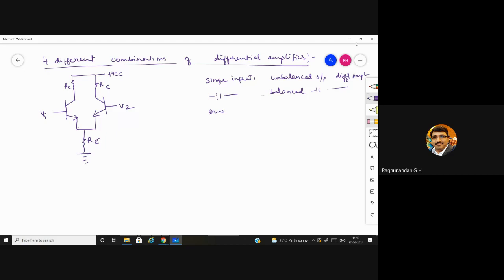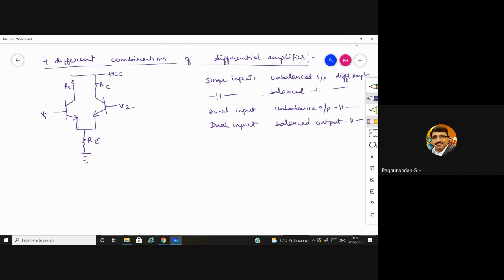Next is dual input, unbalanced output, differential amplifier. Again, dual input, balanced output, differential amplifier. These are the four types of combinations which we are having.